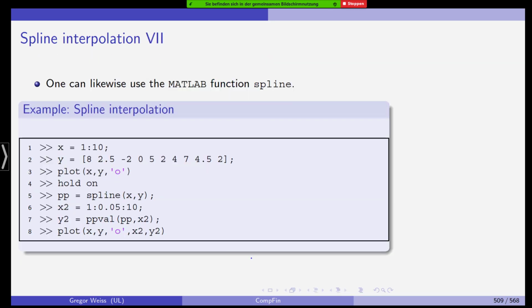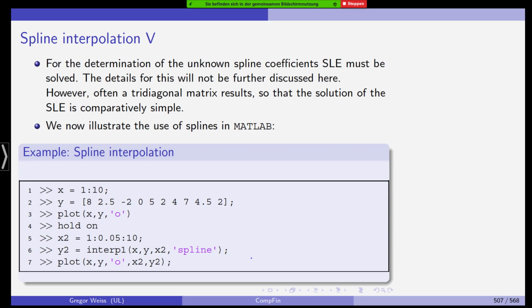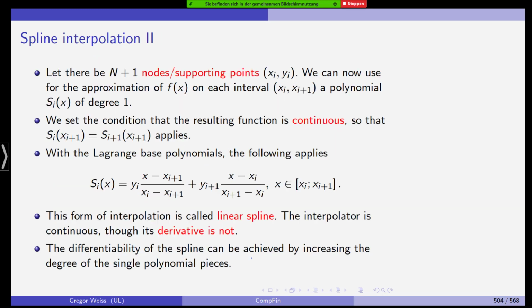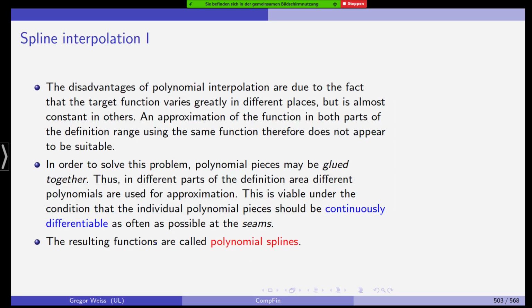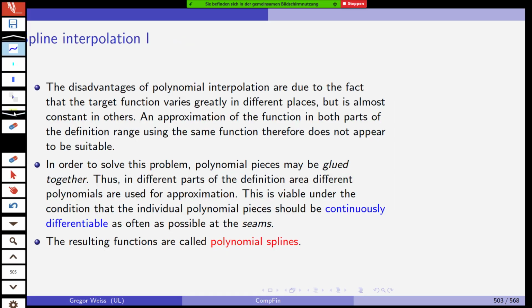I think we are quite well on time in this semester, so we only have almost 50 slides left. So I would say we can stop today here. Please have a look at spline interpolation, how it works.